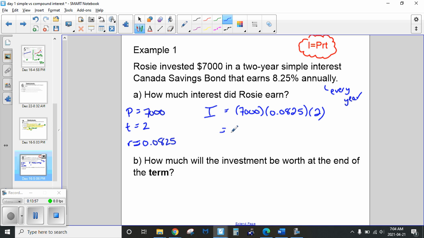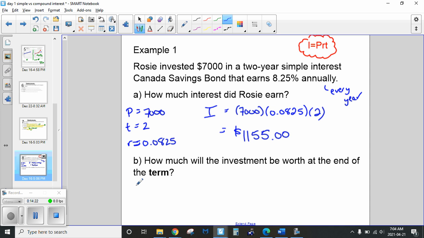So with a calculator, I have found that that is $1,155. Okay, so in 2 years, that's a pretty decent interest rate. That's actually higher than what's normal these days. But she's earned an extra $1,155.